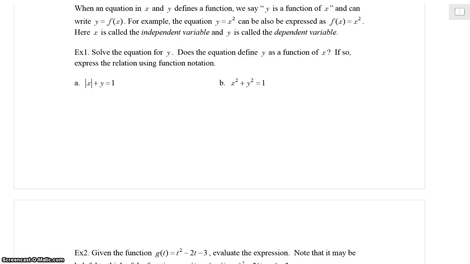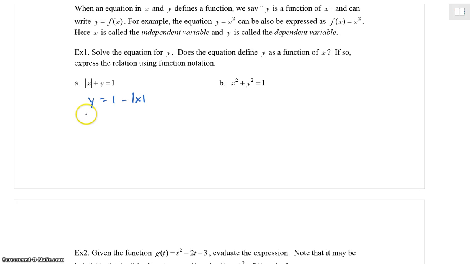So for part A, we're going to solve the equation for y by subtracting the absolute value of x from both sides. So we'll write y equals 1 minus the absolute value of x. Now, what we might want to do is just test this relation with a couple of values of x.